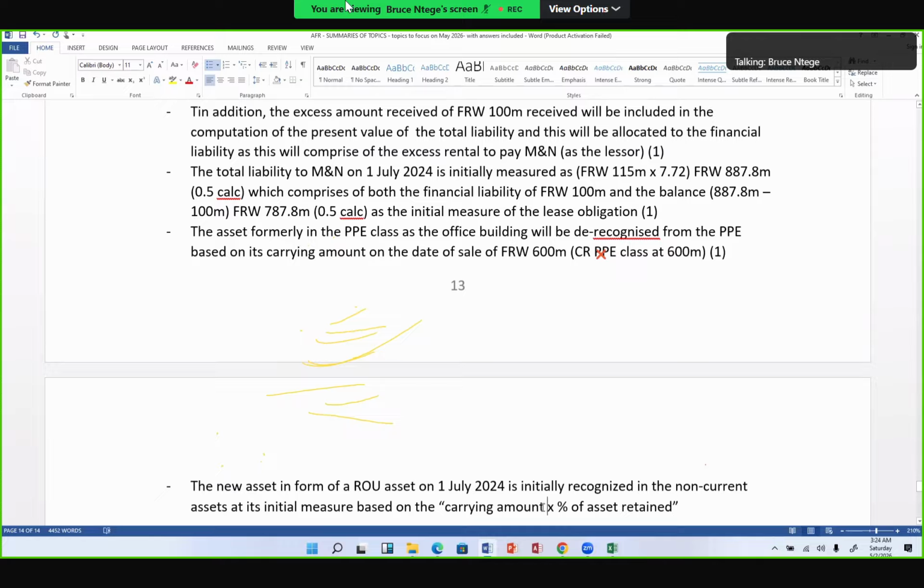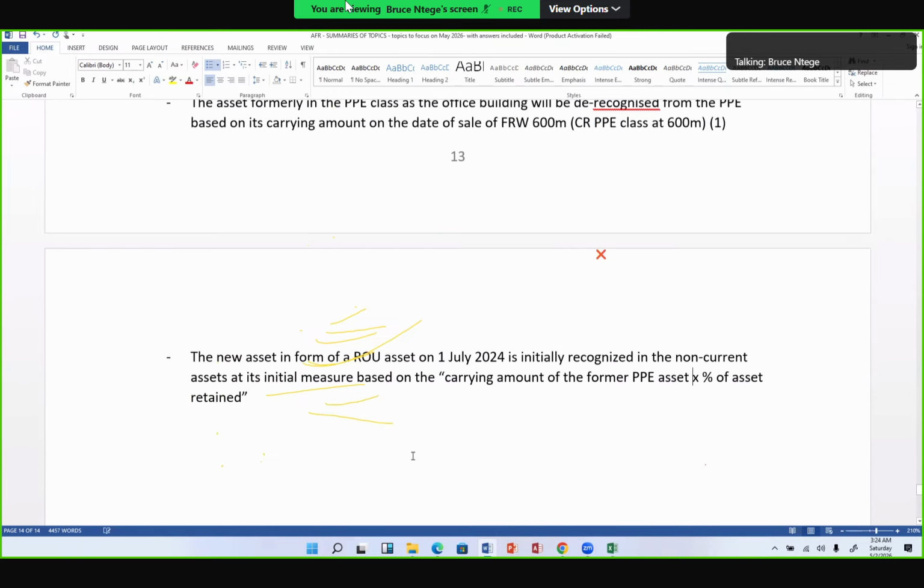So the carrying amount of that old asset, the former PPE asset, times the percentage of the asset retained. Okay? So that's a tick. The calculation mark, you're going to calculate it later. Maybe you want to say, as computed below, so that you get those calculation marks. So let's compute it below.